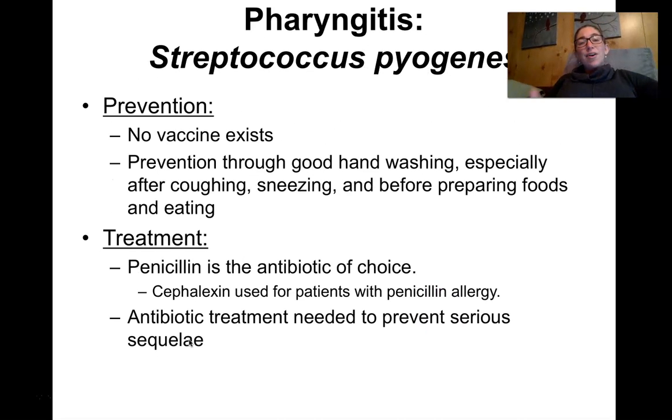What I also will mention here that I don't have on the slides is that a lot of students will tell me, well, I had strep a bazillion times when I was a kid, and they took out my tonsils. The reason a lot of tonsillectomies are done is because Strep pyogenes causes inflammation of the throat, and the tonsils are immune tissue of the throat. When you have a throat infection, the tonsils become very inflamed and swollen, just like your lymph nodes will.